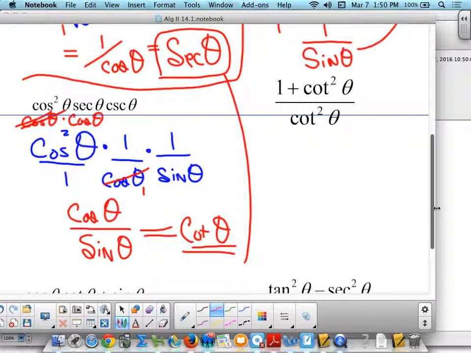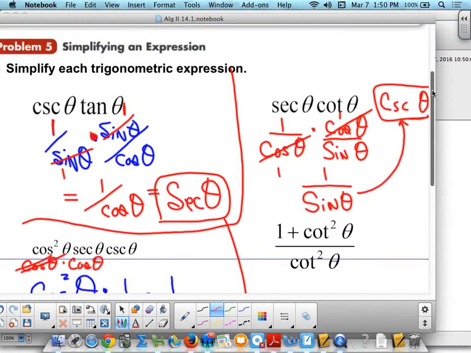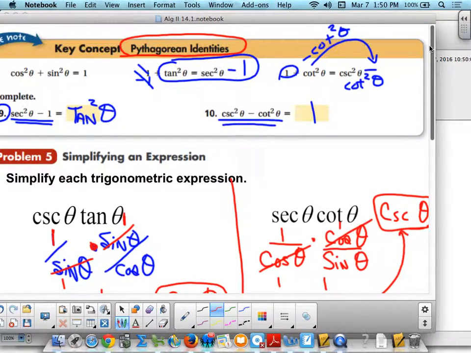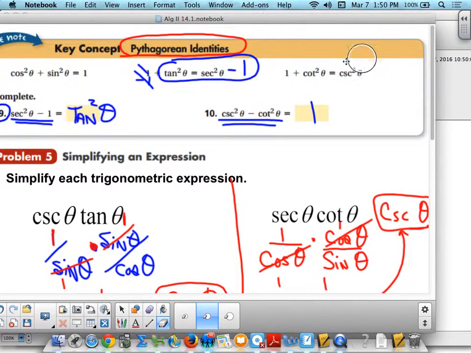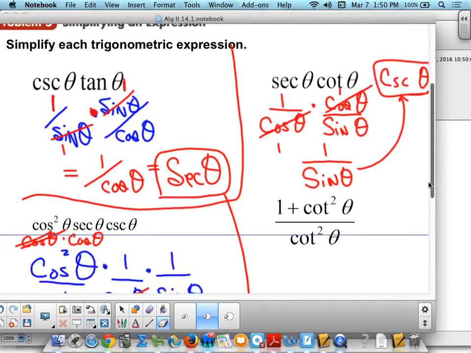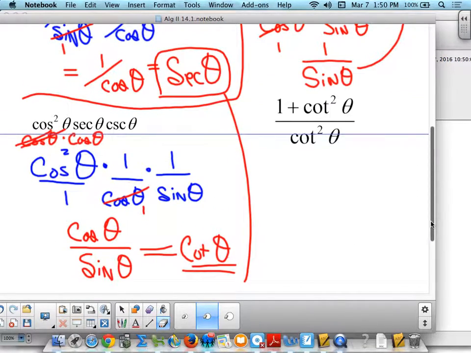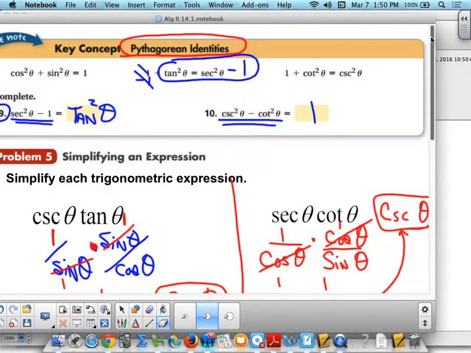So you know where I'm going to go? I'm going up to the top. Where's cotangent? Right here. So now I have 1 plus cotangent squared. What is 1 plus cotangent squared? Cosecant squared.